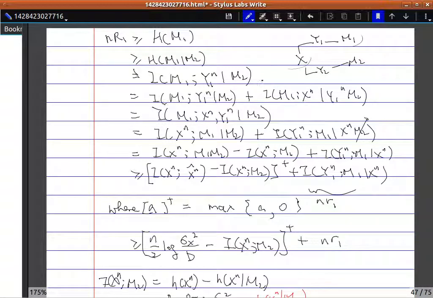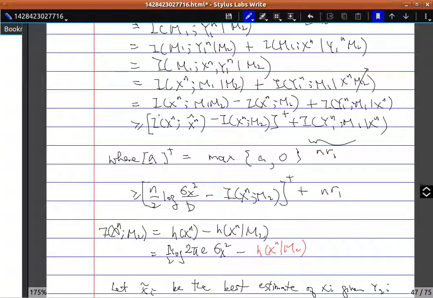So therefore, I combine these two mutual information terms. I have this, and then I again expand in another way, and then we have this second term here, Y1 and M, given Xn. We don't care about M2, so we can remove M2. And for this one, we can rewrite it as the mutual information of Xn, M1, M2 minus the mutual information between Xn and M1.